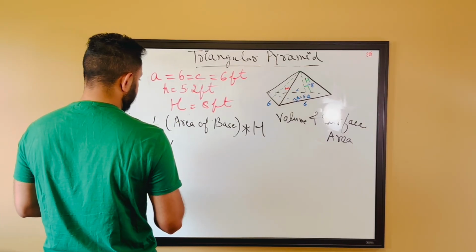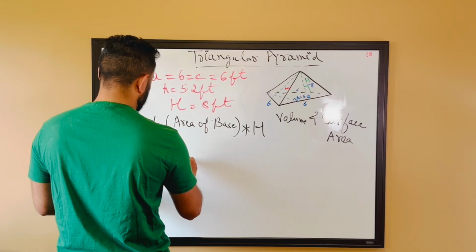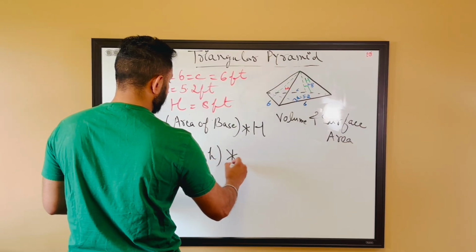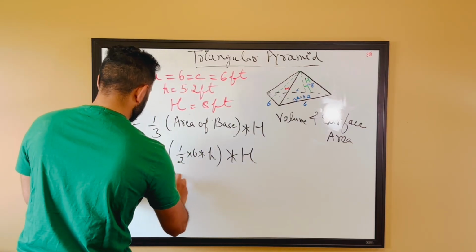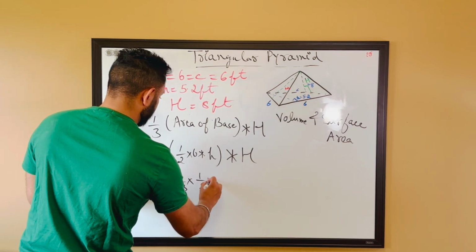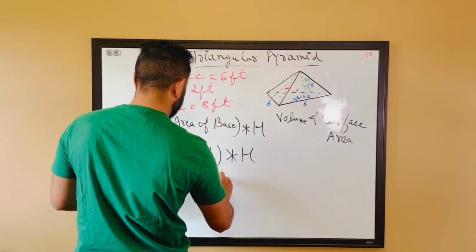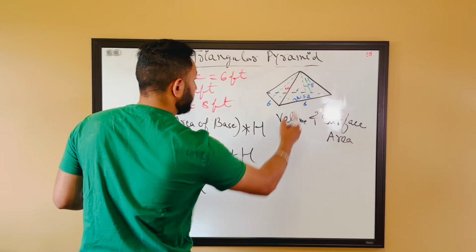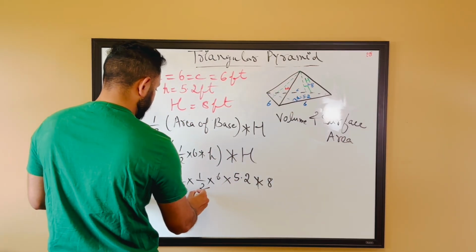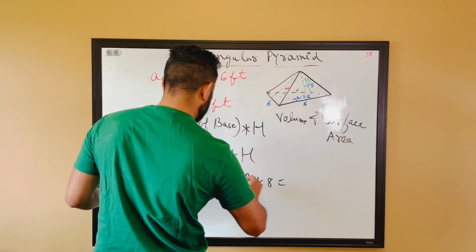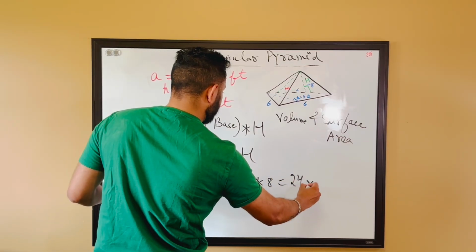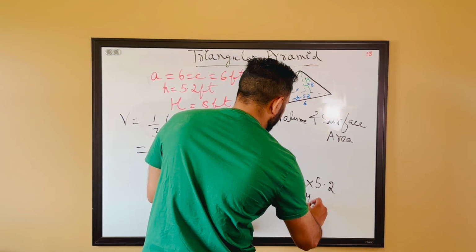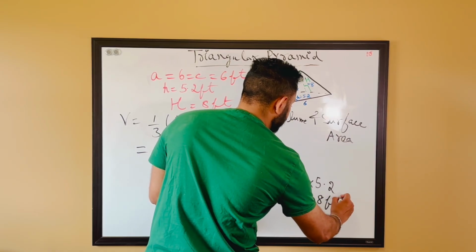So area of the base is half small b into small h into this capital H. So what is small b? 6 into h, 5.2 into 8. So let's simplify this. So 24 into 5.2 comes out to be 124.8 feet cube.